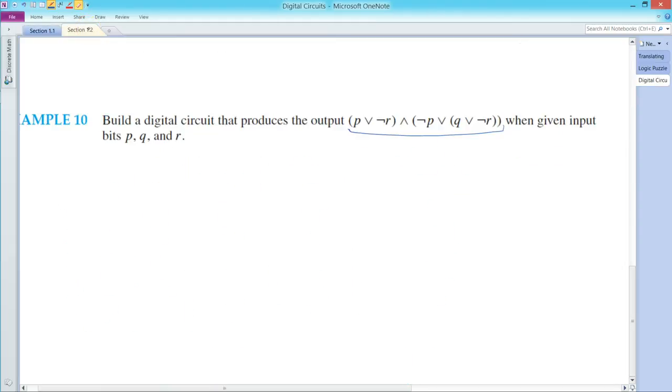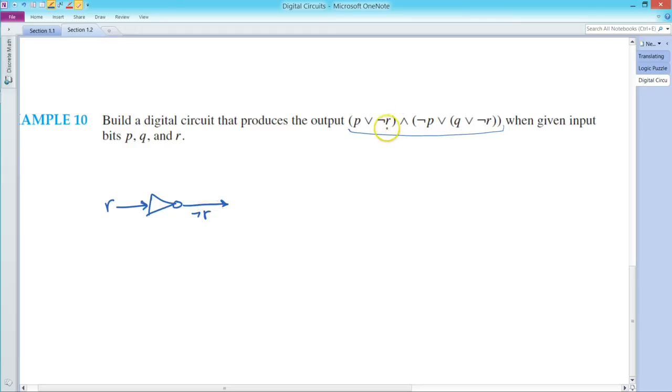logical circuit. So looking at this expression, we see that we have not R, not P, and not R again. So we need not R and not P to be calculated first. So I'm going to start with the input R, and this input is going to go into an inverter, and the inverter, if you recall, is represented with this graphical representation, and this is going to produce not R. So there you go.